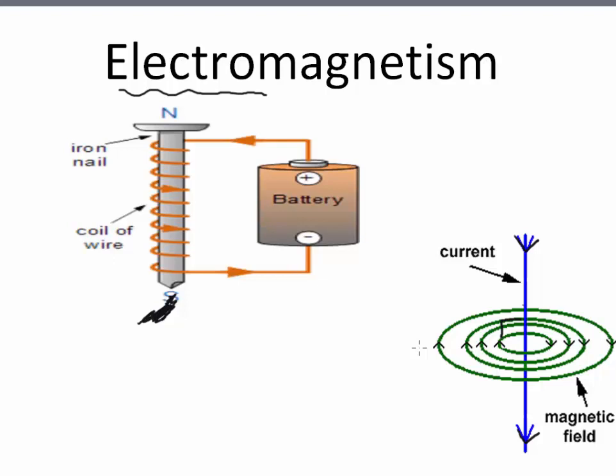So as you can see with a current carrying conductor, that magnetic field is going to be stronger the closer we get to the conductor. And the moment that there is no current flowing, that magnetic field no longer exists. So these are the basics behind magnetic fields.